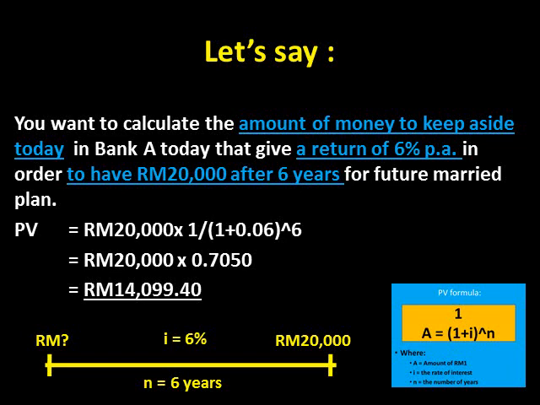You need to have 14,000 today in order to get 20,000 after 6 years. One more thing to check is to counter check your result. It should be lower than what you expected, because what you expect is more. The result should be less than what you aim to receive. So this is the example calculation.